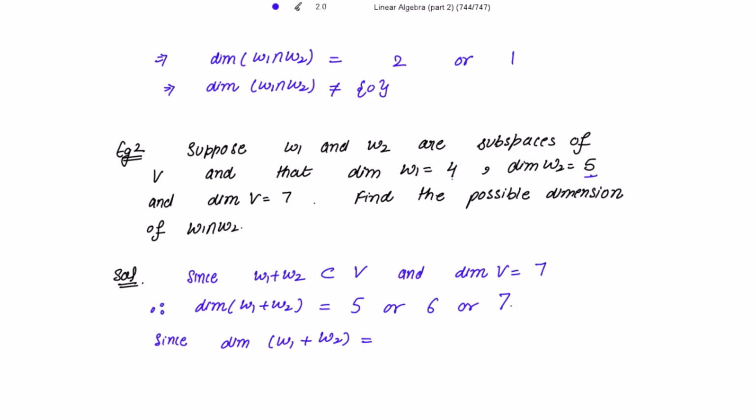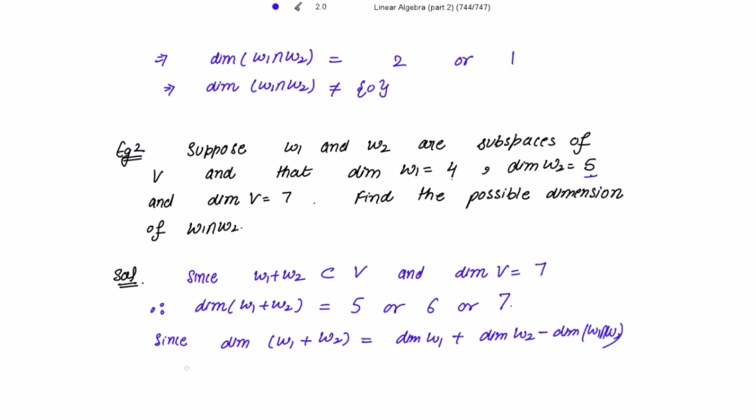That's it. Now, the dimension of W1 plus W2 is equal to, what is the formula? Dimension W1 plus dimension W2 minus the dimension of the intersection.